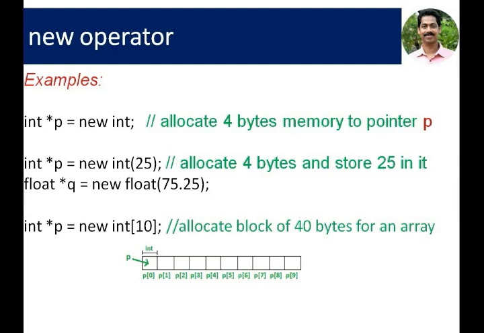In dynamic allocation, 40 bytes are allocated here. Its first address will be assigned to pointer variable p. By using pointer arithmetic, we can access all these elements of the array. So the first address will be obtained by the new operator, and that address is stored into pointer variable p.